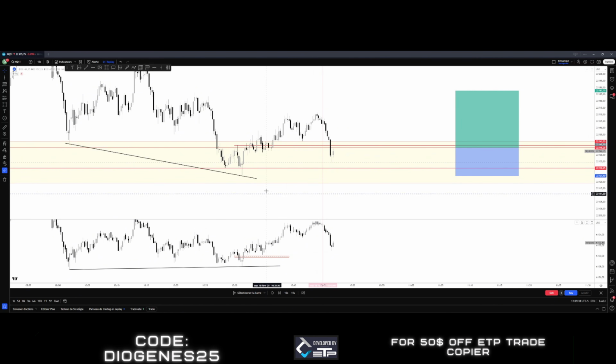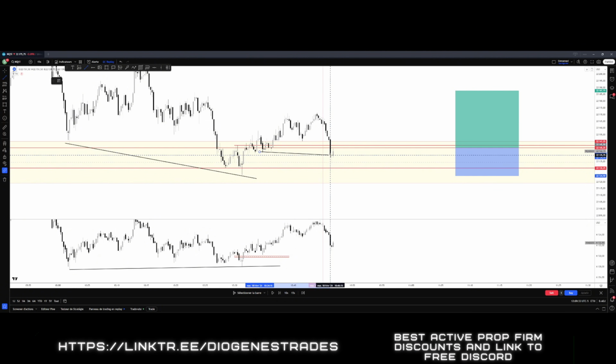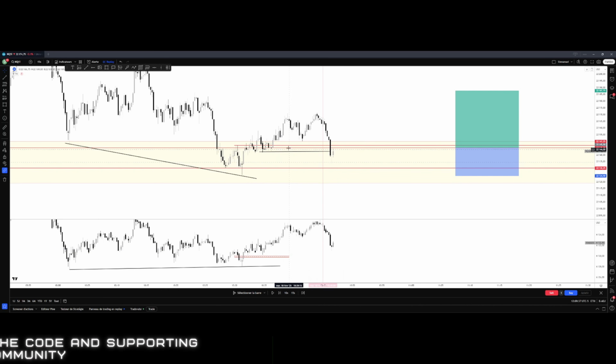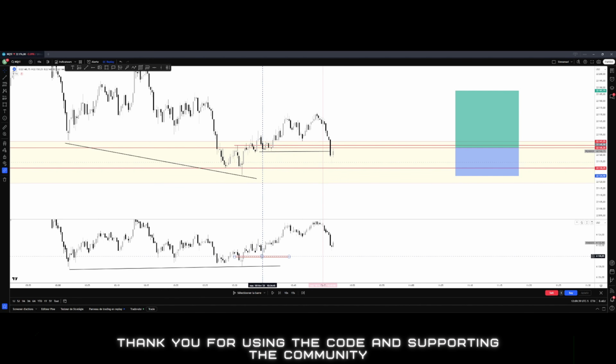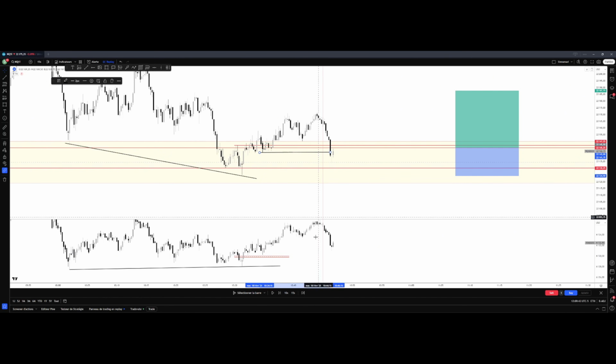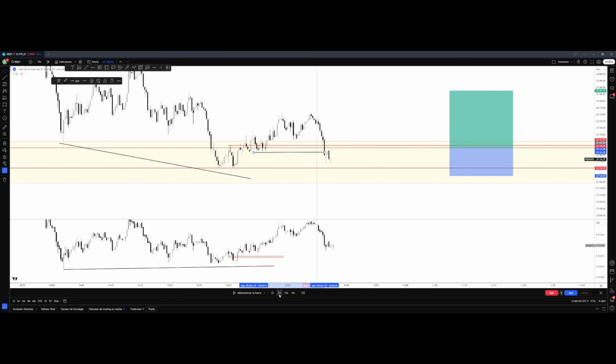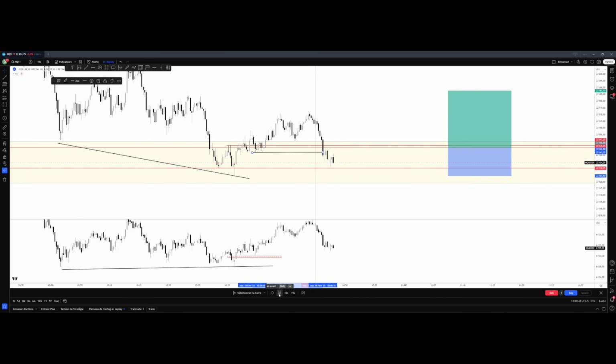Okay, so as you can see, ES didn't take these lows. ES didn't take this low, right? So this low. Okay, so I was still looking, because if I didn't see a bullish SMT, I wanted to close early and take the full loss.